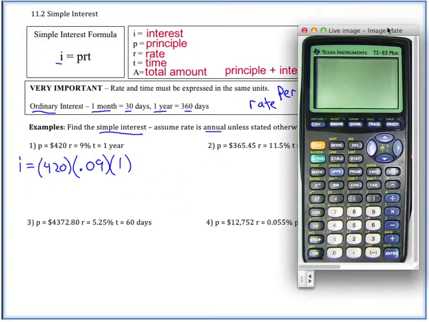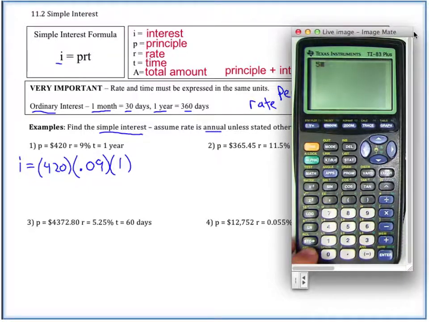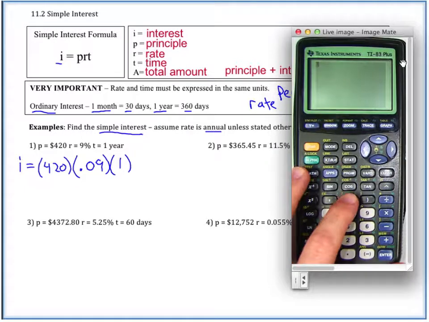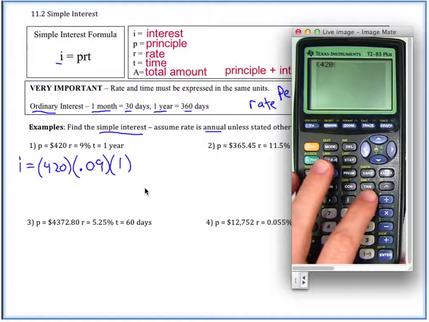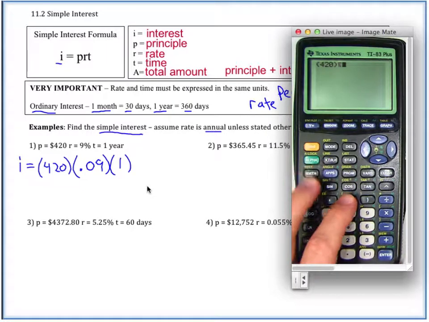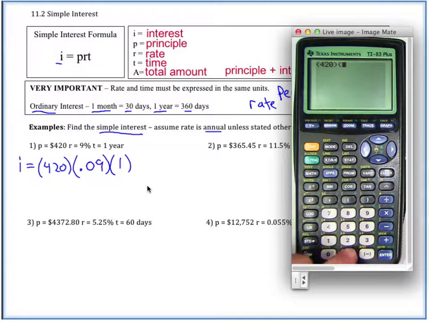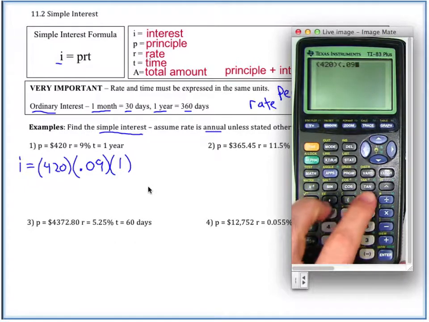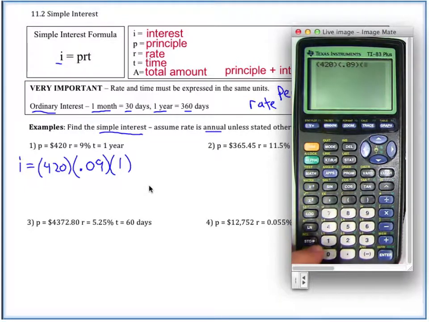Okay. Now let's go ahead and do this calculation. And I'm just going to use the parentheses just like we've written right here. So parentheses 420. Close your parentheses, and when you open up a new parentheses, it's going to tell the calculator to multiply. So 0.09, close the parentheses, open the parentheses, and I'm going to put a 1 in there. Now technically you don't even have to put the 1 because we know it doesn't change our answer.